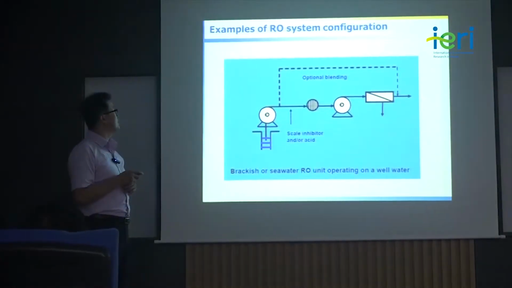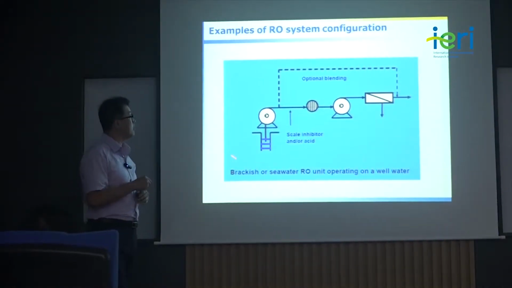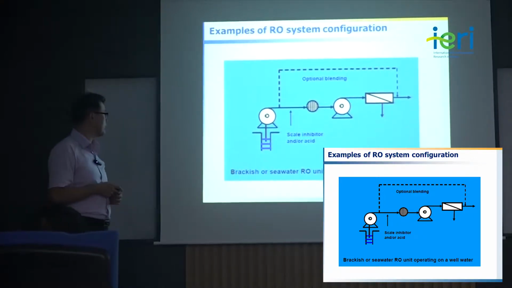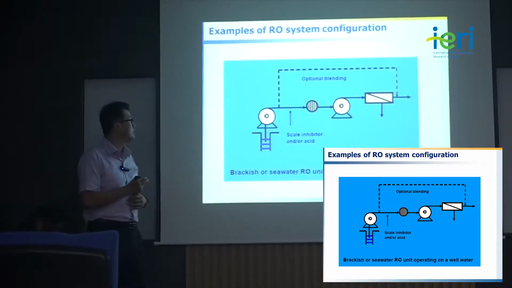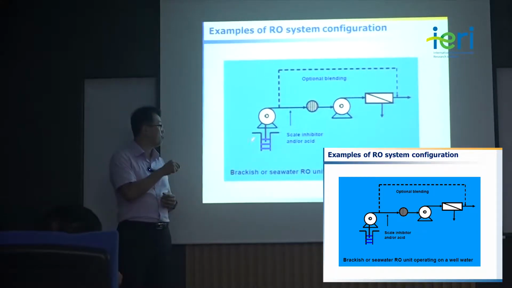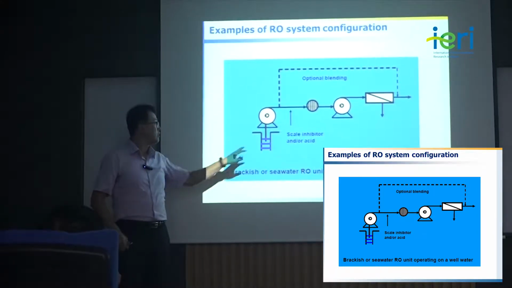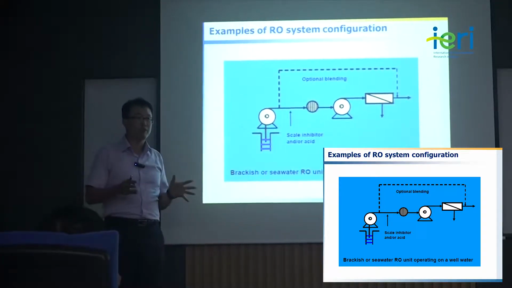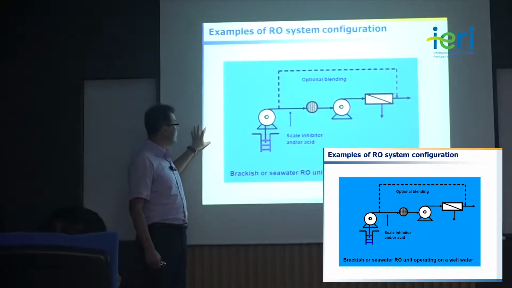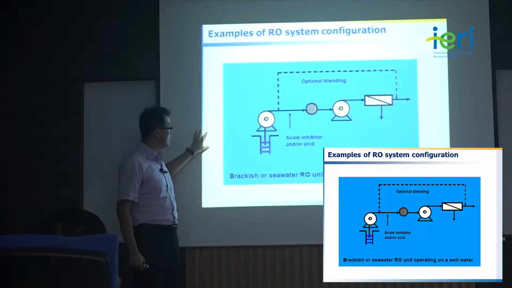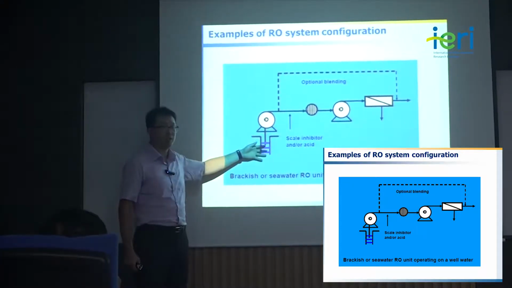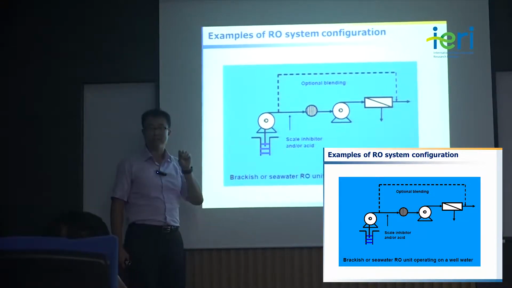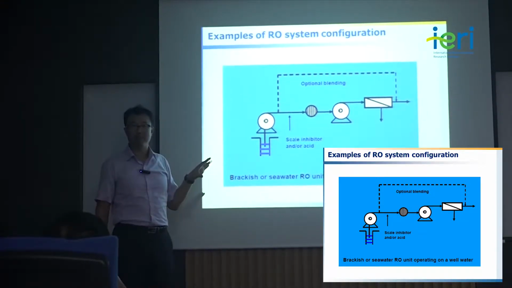Okay. So this is an example of a reverse osmosis system configuration. When you use well water for intake, this water is rather clean, because well water means that if there is a seawater source, it moves to the well via soil. So there could be natural filtration.